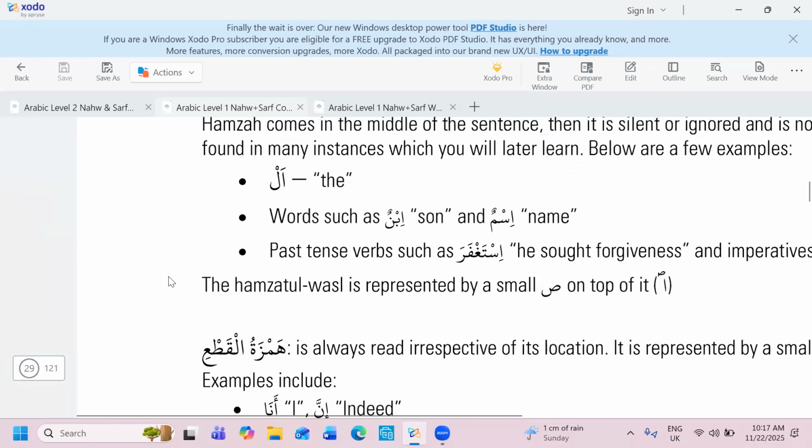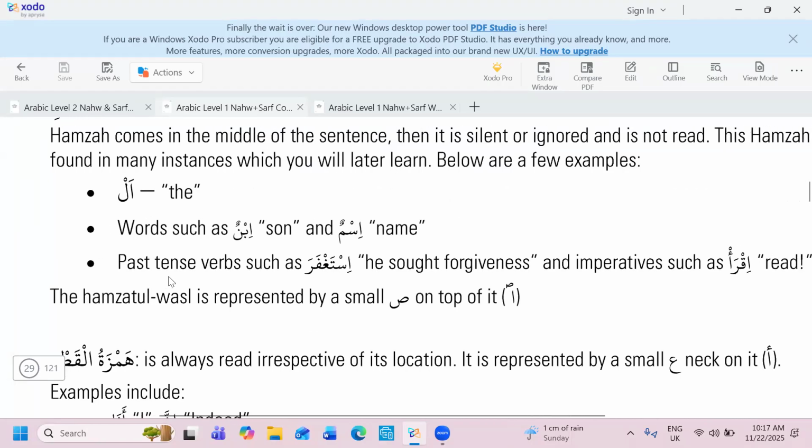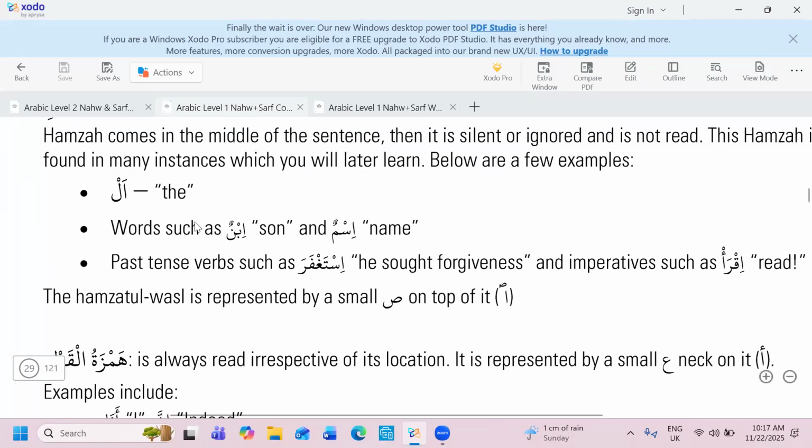There are other words that we will learn which have hamzatul wasl. So if you look at the word al here, you've got the word ibn, ism, istaghfara. Verbs which are commands start with hamzatul wasl.